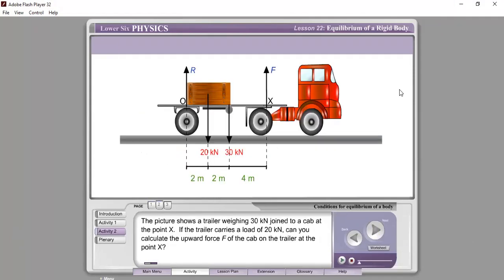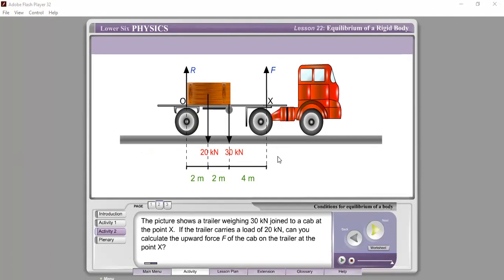The picture shows a trailer weighing 30 kN joined to a cab at the point X. If the trailer carries a load of 20 kN, can you calculate the upward force F of the cab on the trailer at the point X? So look at the diagram.